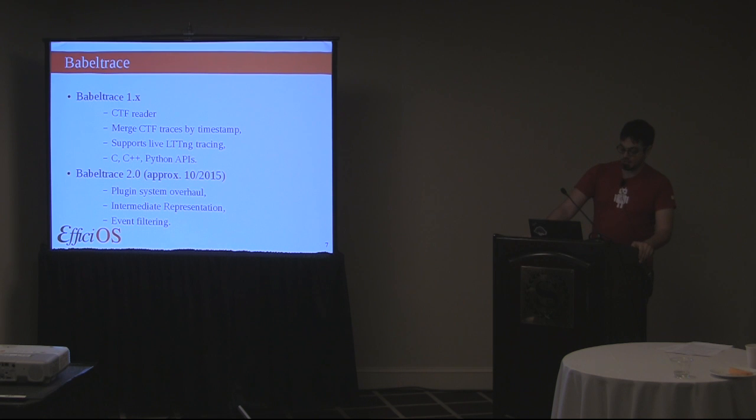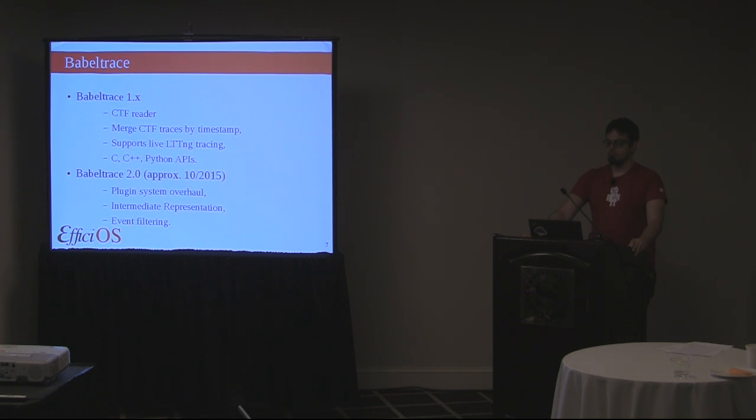So what's coming? We've been hard at work on BabbleTrace 2.0. Our current approximate release date is probably going to be October 2015, but it's a big undertaking. So we're doing a plugin system overall so that external plugins can be used with BabbleTrace.